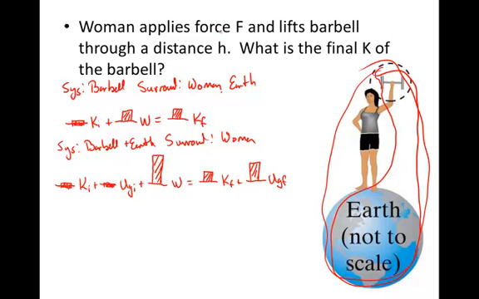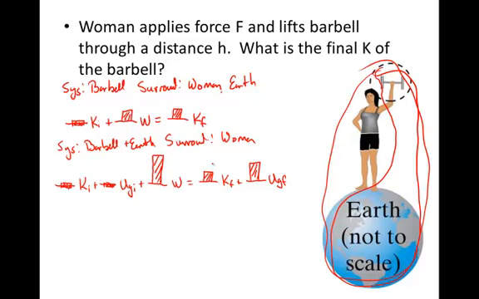And that's not something that's really easy to calculate. So although we could choose this as our system, since we don't know how to calculate the internal energy of a human being, we really don't want to do that in terms of calculating kinetic energy. So either of these two choices would work out. And so that's really kind of the idea here.